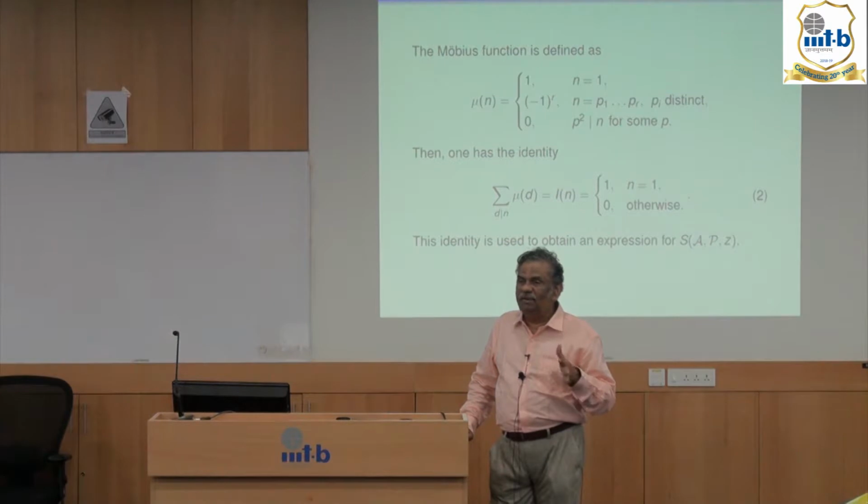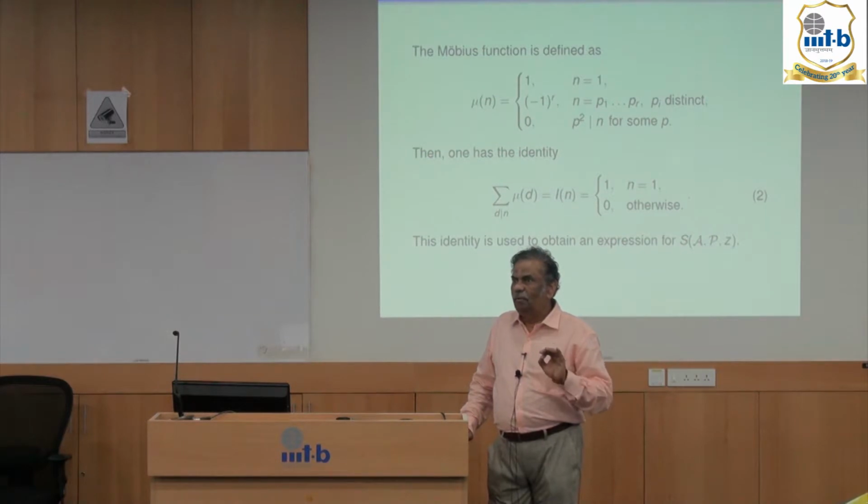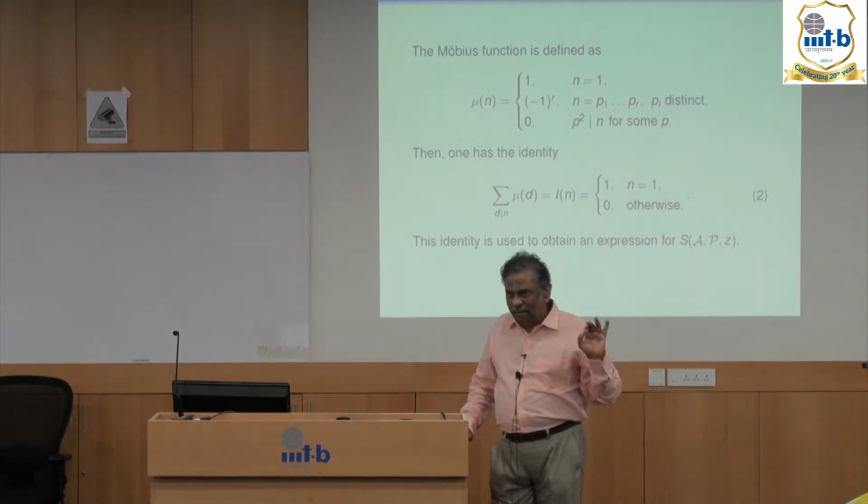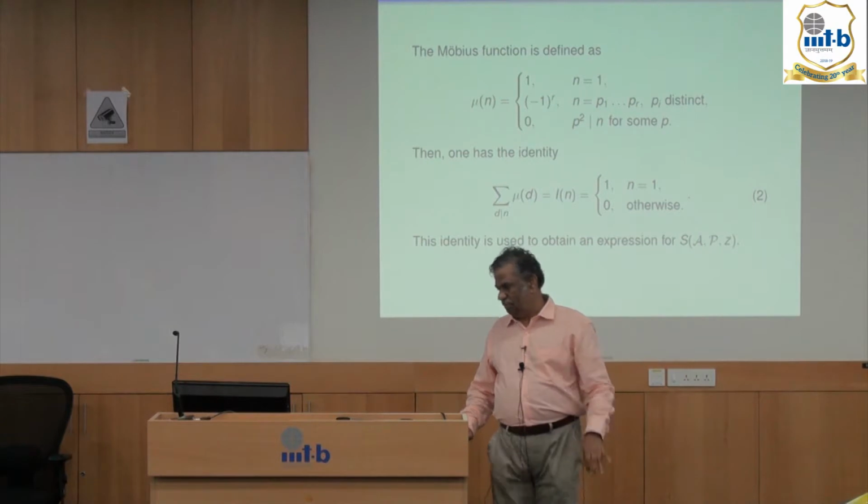And that happens for everything, even for 6, because for 6 there are 4 divisors, 1, 2, 3 and 6. Mu of 1 is 1, mu of 2 is minus 1, mu of 3 is minus 1, mu of 6 is plus 1, because 6 looks like P1, P2, and that addition is 0. Therefore, you can always get the number 1 if n is 1, 0 otherwise.